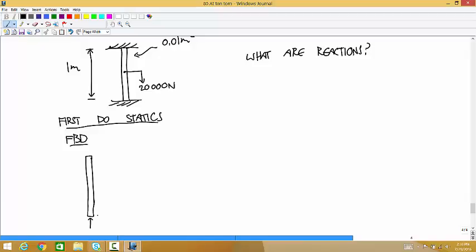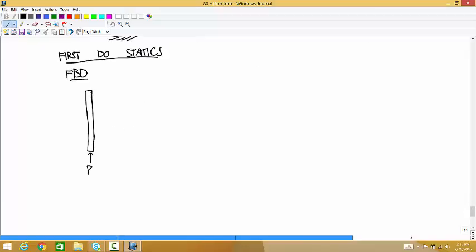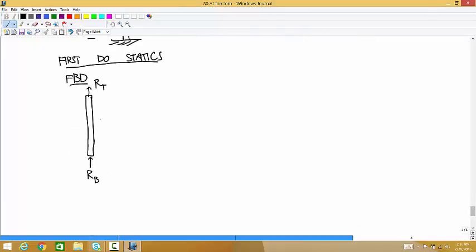Let's say that we have our bottom and then our top. I'm not even trying to guess the directions of these things. I'm just putting them in the positive y direction. The signs will work out on their own. And then we have a 20,000 Newton force at the middle.